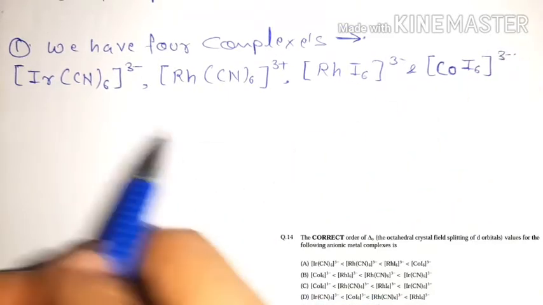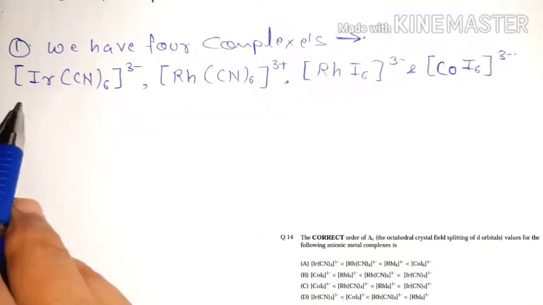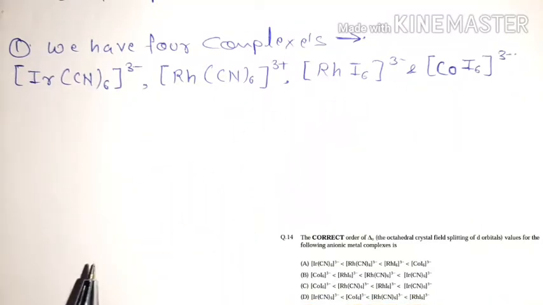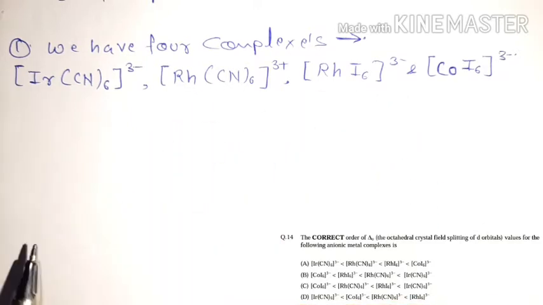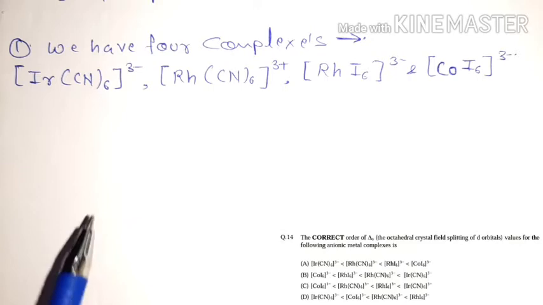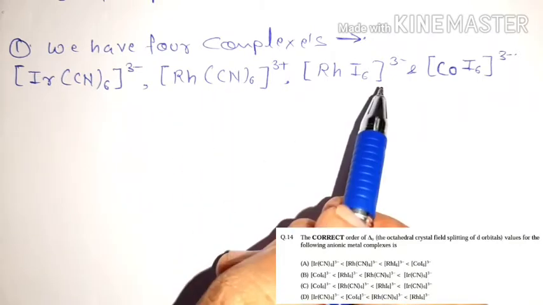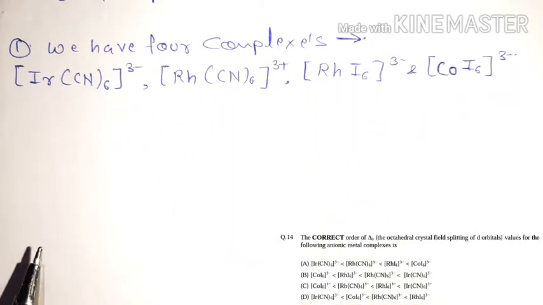Understand friends, we have these four complexes: iridium, rhodium and cobalt, we have three metals, and CN and iodine, we have two ligands, and we must find the order of delta O among them.